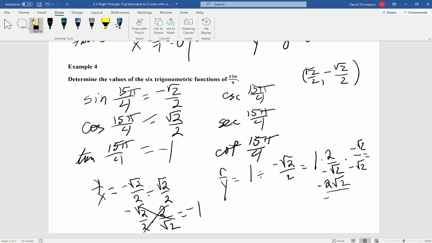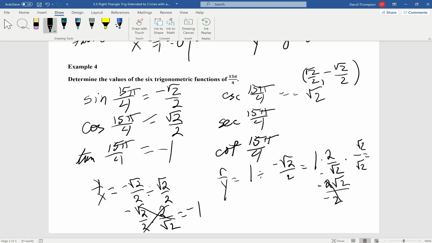Let's fix this. We just multiply; that is a negative, but we only have to multiply. So it would be negative root 2 over 2, and our final answer is just going to be negative root 2.